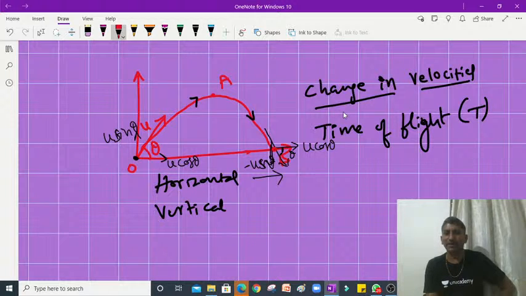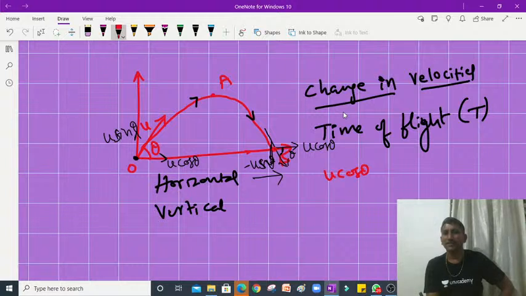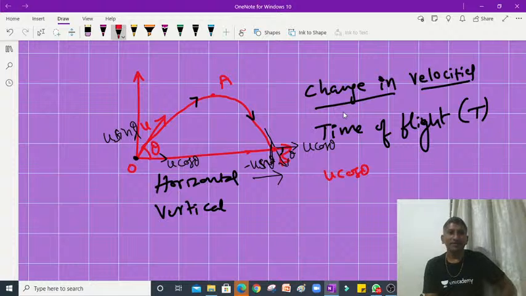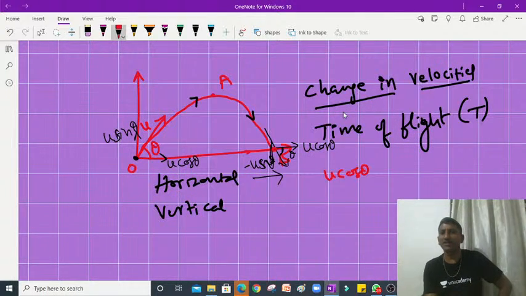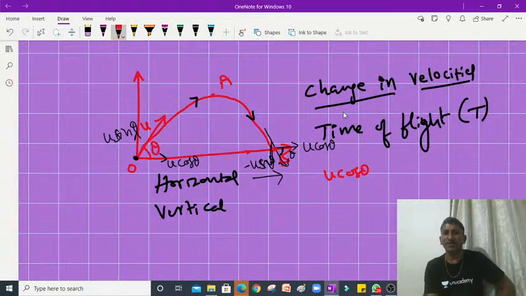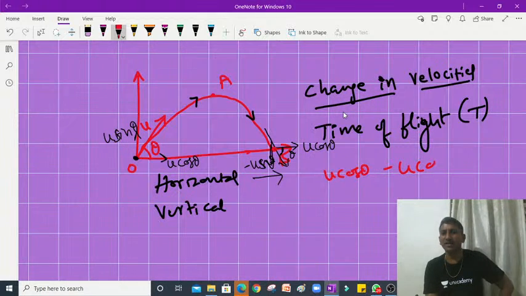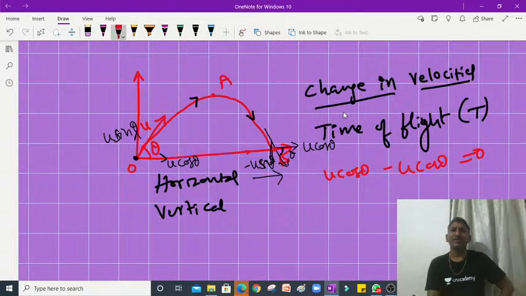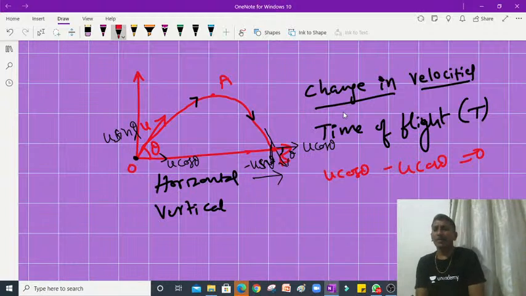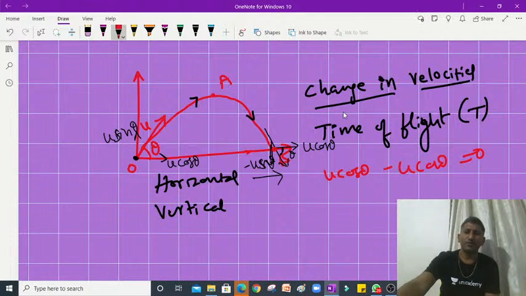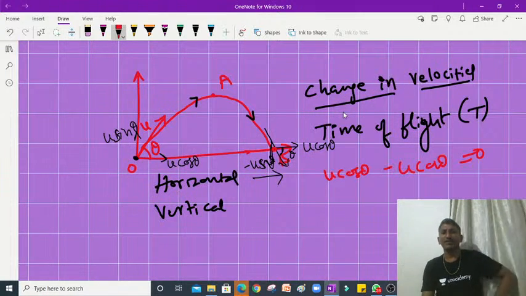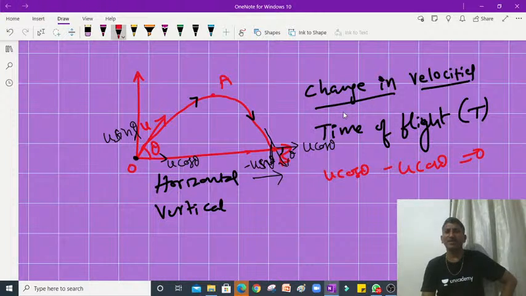So in that case, this is u cos theta and this is u cos theta; u cos theta minus u cos theta gets cancelled, so it gives 0, right? Anywhere you see about horizontal direction, there is no external force, there is no change in velocity, there is no acceleration, we know that.